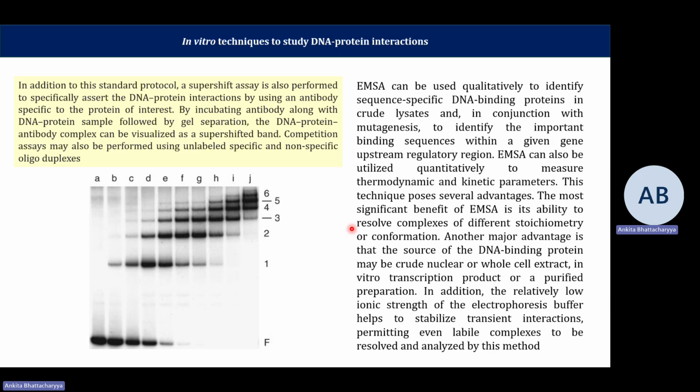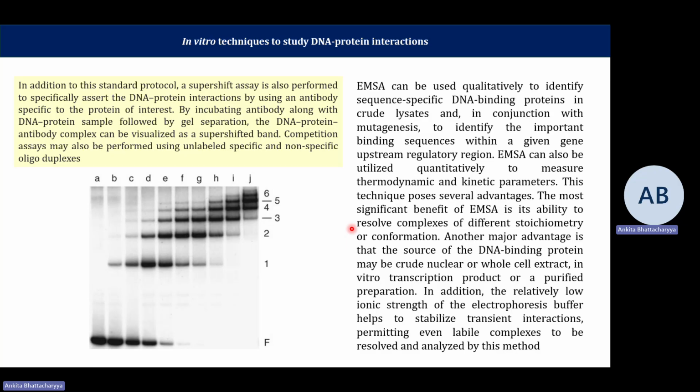EMSA can also be used quantitatively to measure thermodynamic and kinetic parameters. So this technique poses several advantages. The most significant benefit of EMSA is its ability to resolve complexes of different stoichiometry or different conformation.